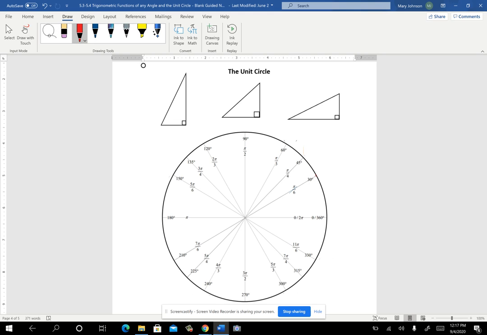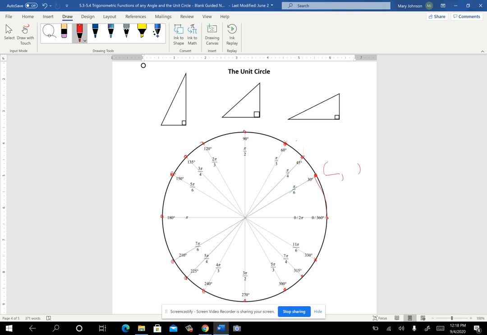We're going to try to figure out what the coordinates of these points would be all the way around the unit circle. We want to know what the coordinates of all these points are. So these are like the point P. And so we want to know what the x and the y coordinates are. Now, if we know the x and y coordinates of these, then we also know the cosine of this number.